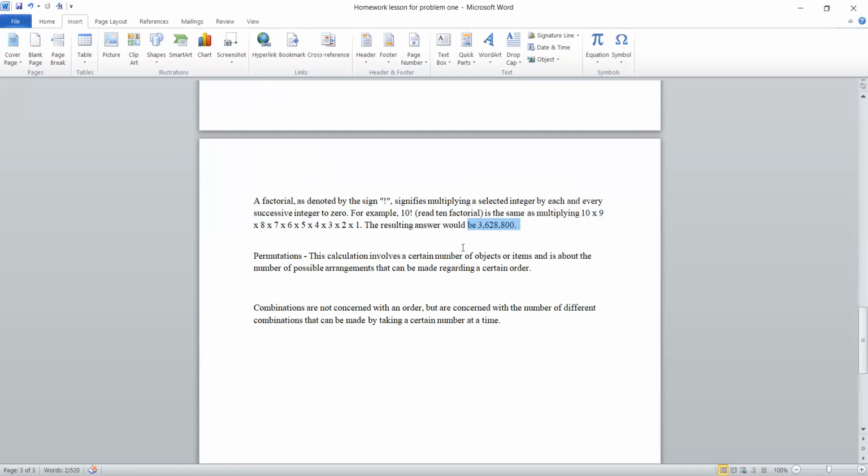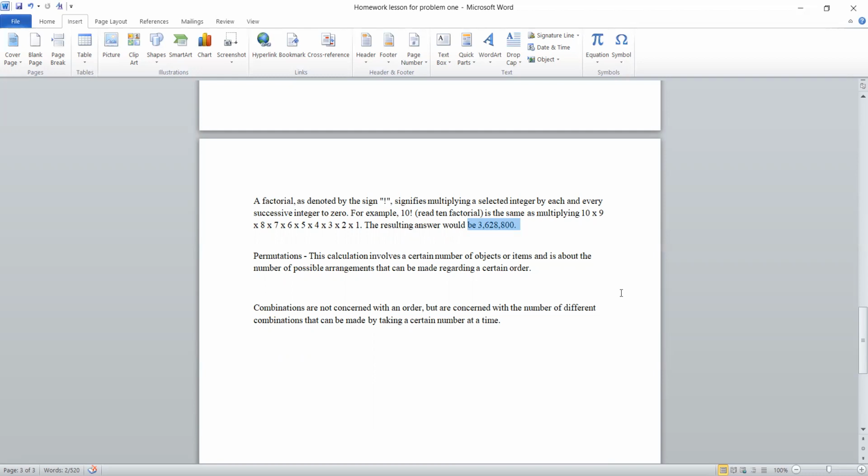Okay. Permutations are a different calculation, which means that we have a number of objects or items, and this pertains to the number of arrangements that can be made regarding a certain order. Combinations are not concerned with order, but they're concerned with a number of different combinations.